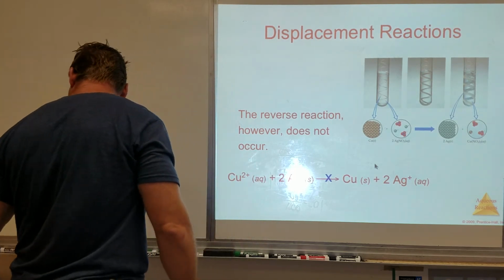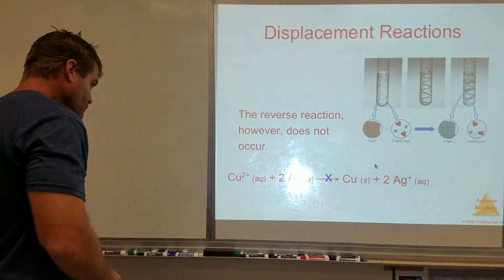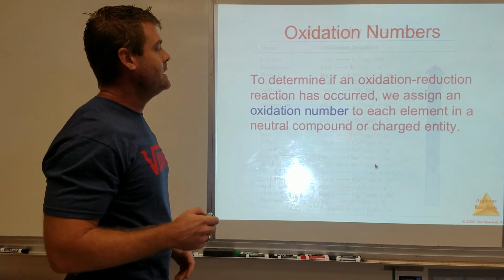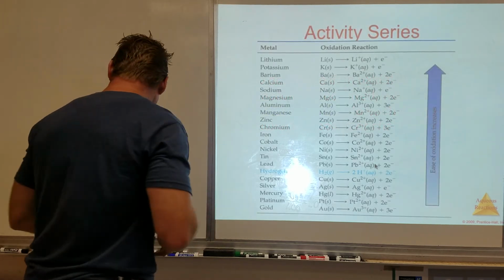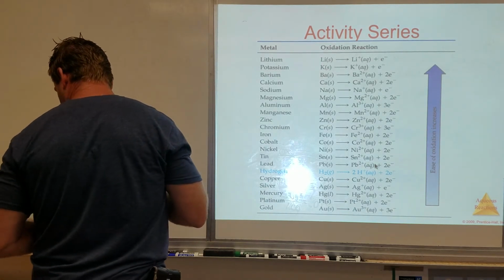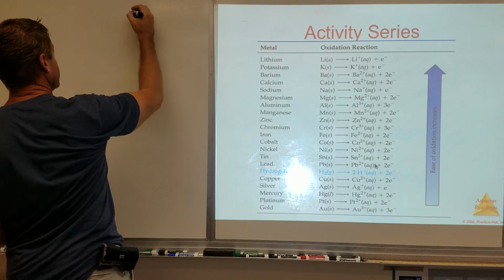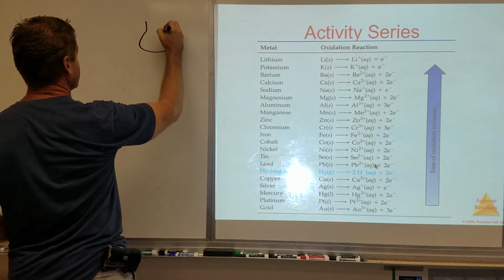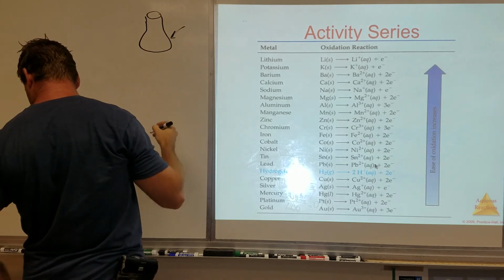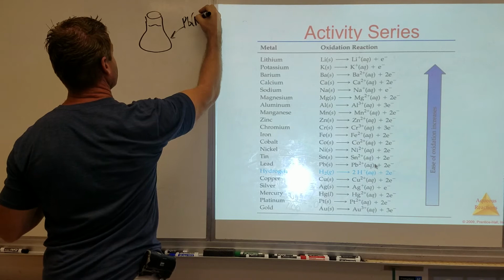Okay, so I got a question for you. I'm going to go back to our activity series, so I'm going to have it right here. Hopefully you guys actually try to do it, and maybe pause the video to give yourselves time to think about it. My question is, if I put zinc, let's say I have a solution here of lead nitrate.